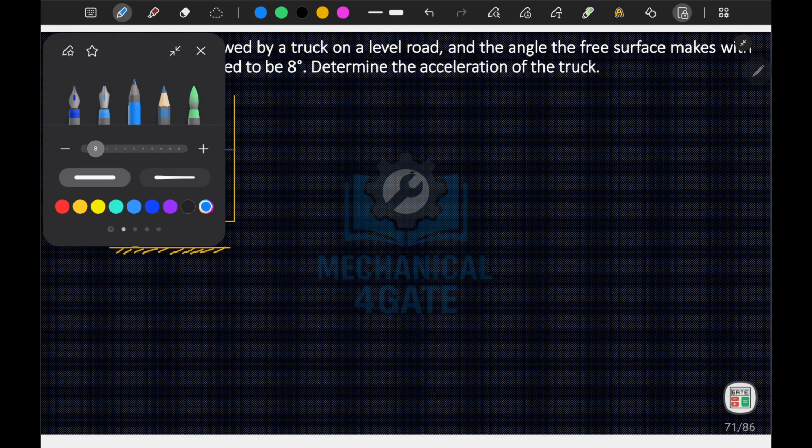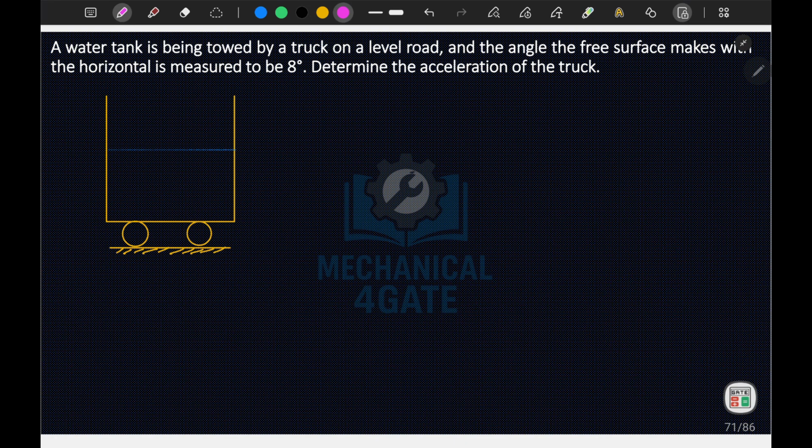Now this container is moving at an acceleration a, and of course g is acting in the downward direction. Due to the acceleration, your free surface becomes something like this. So this is your free surface now, and this makes an angle theta.